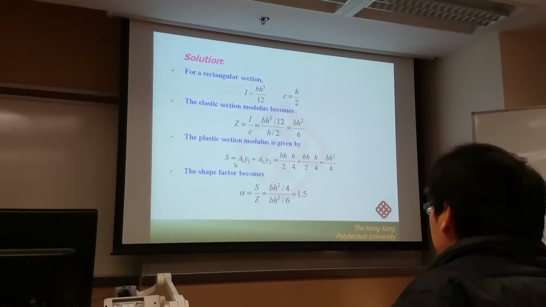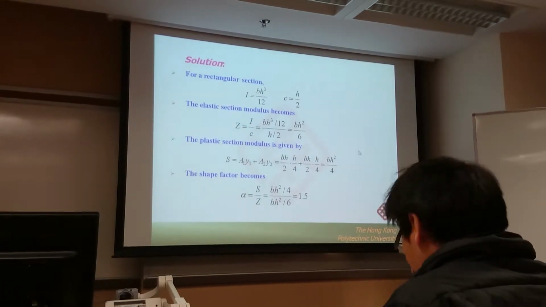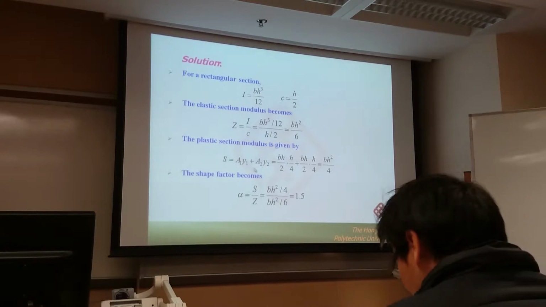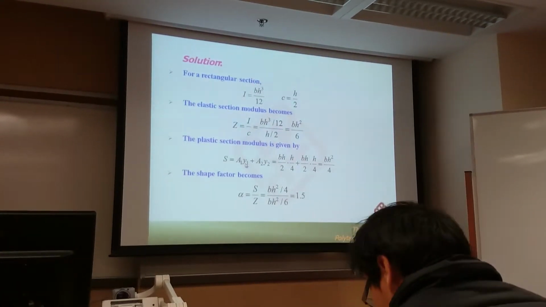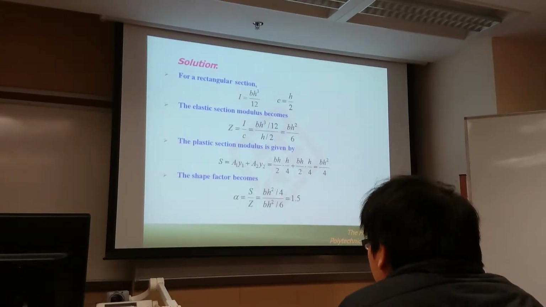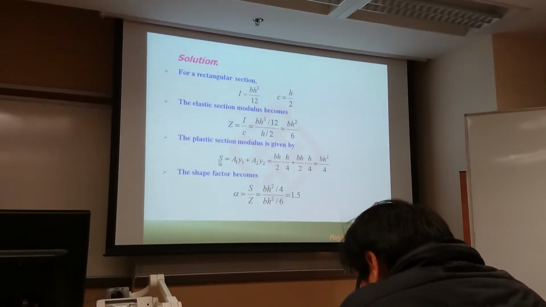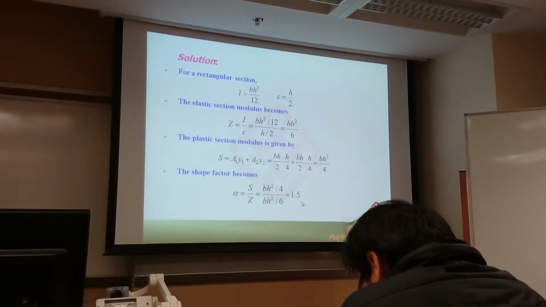You just need to consider two regions of the section, and for each region, the area is equal to total area over 2. And y1 is equal to y2. It means the distance between the centroid of each subregion to the equal area axis, so it is equal to h/4.